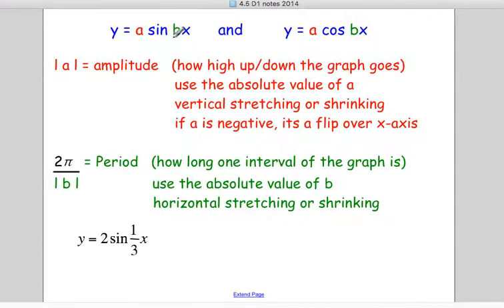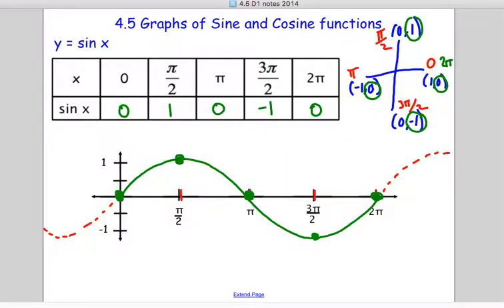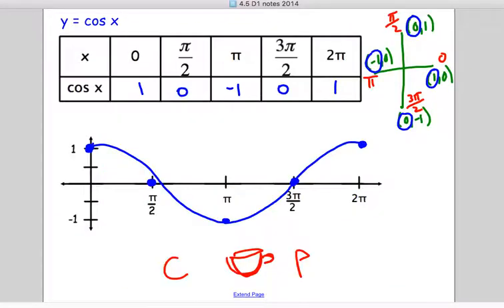This value of B, directly in front of the x, changes the period. Now, let's go back here. How long is one period? So how long does one chunk span? One chunk spans 2 pi. Again, because it was one time around the circle, which is 2 pi. Same thing with cosine.